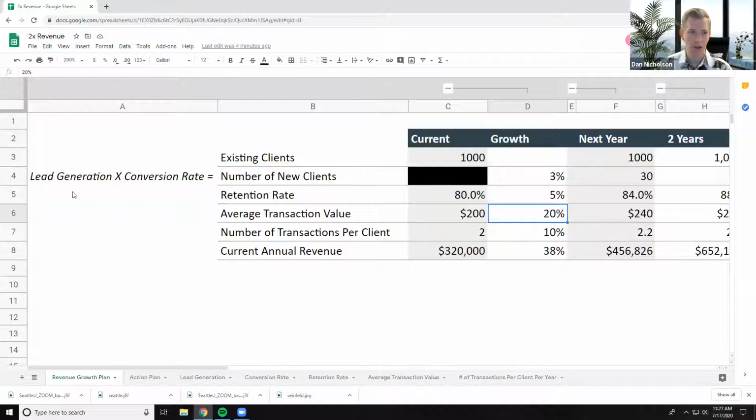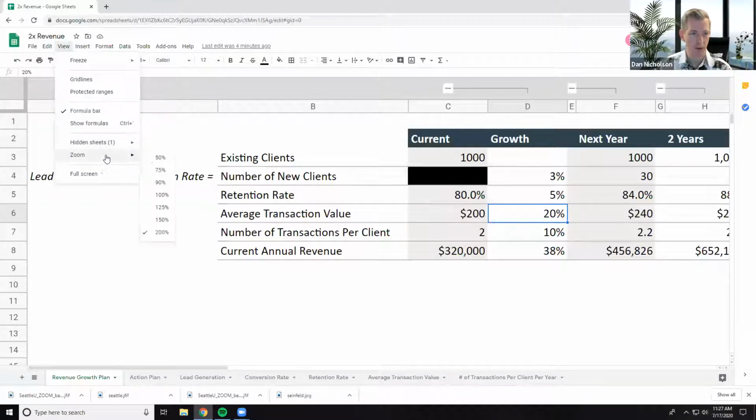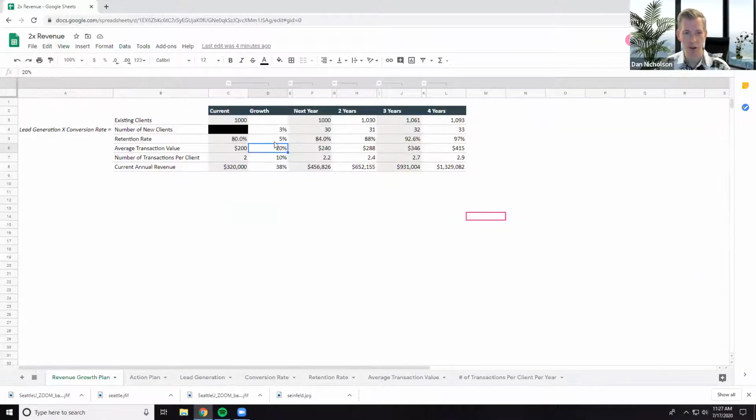Okay. So I'm going to zoom out now to go to some of these other tabs. The action step, if you get access to the workbook, is to come in here and put in your current data: existing clients, retention rate, transaction value, average number. And then from there, you can see how that's going to build over the next couple of years.